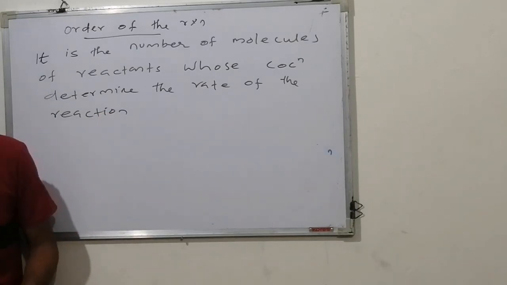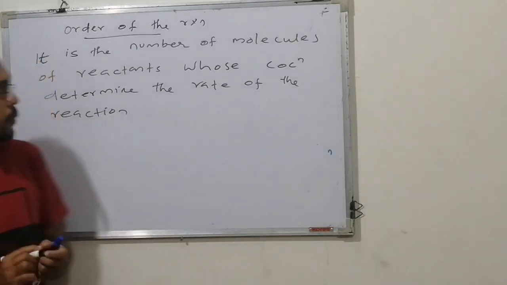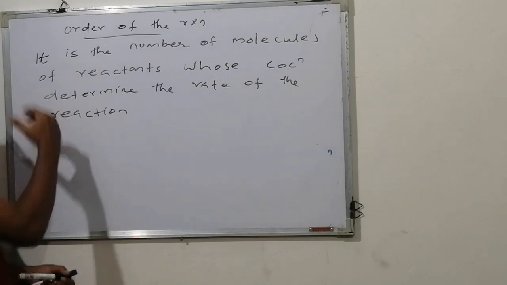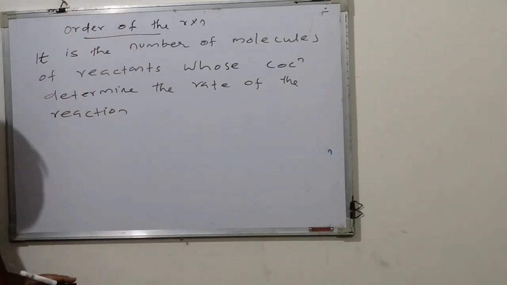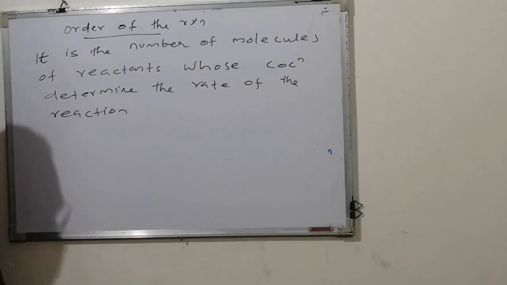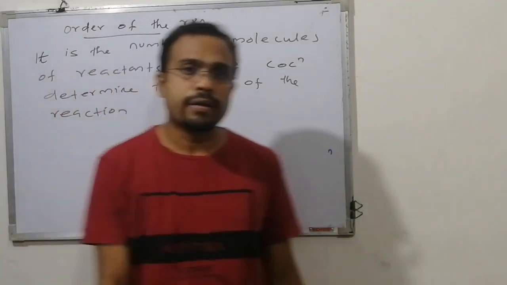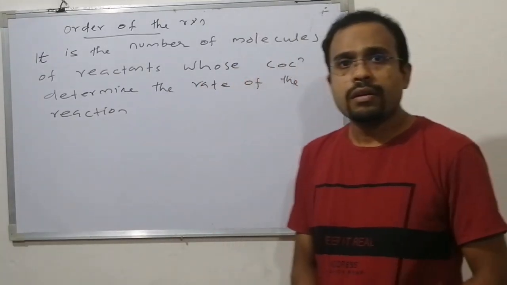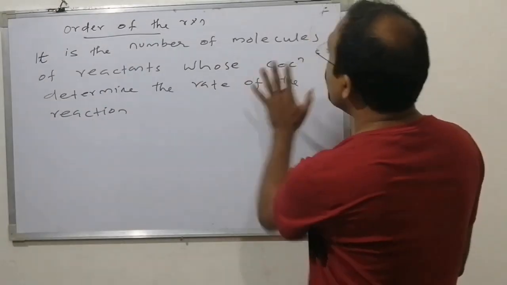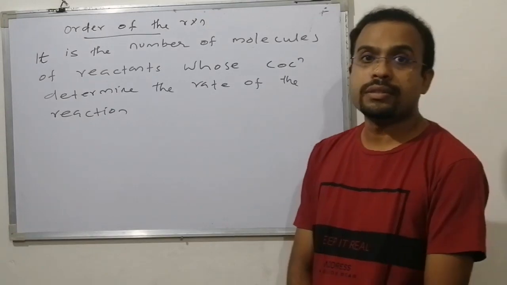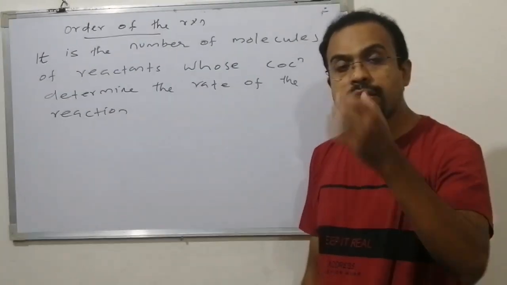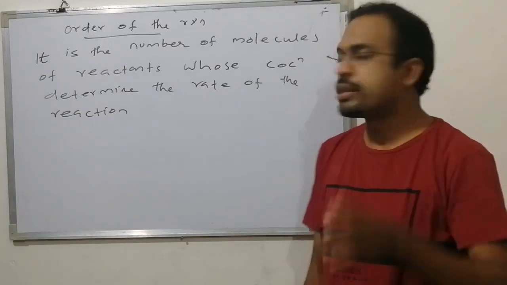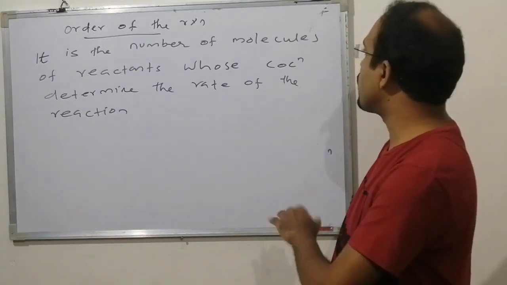Listen. It is the number of molecules of the reactants. Which reactants? Whose concentration determine the rate of the reaction.